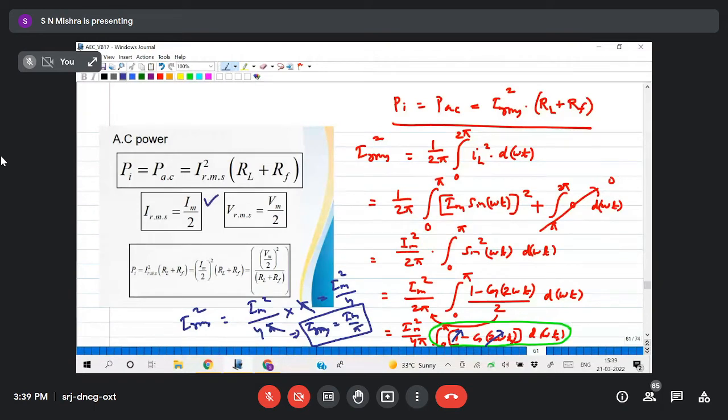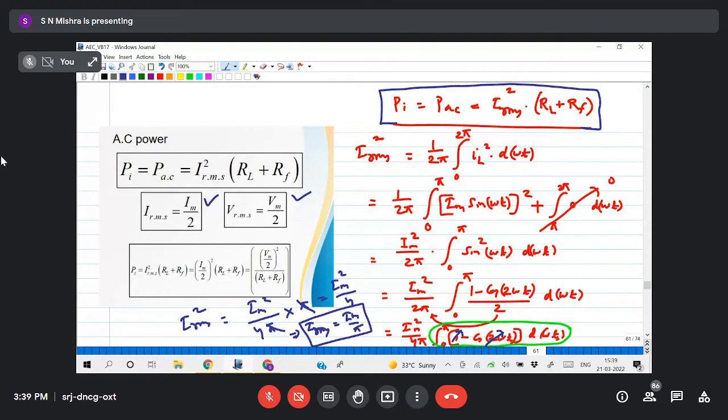If you take voltage, you will get V RMS equals Vm by 2. Once you calculate V RMS or I RMS, you can find the AC power by this formula.